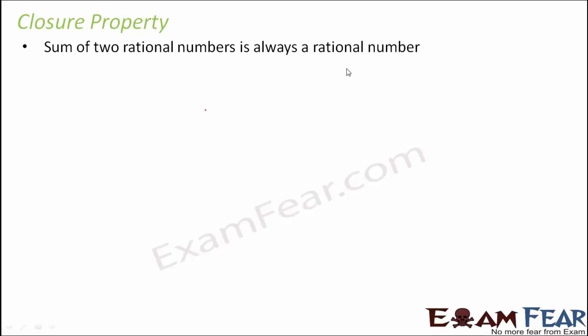So if you have any two rational numbers, let's say A and B, then the sum of A and B will always be a number which is again a rational number. Therefore we say that rational numbers are closed under addition.